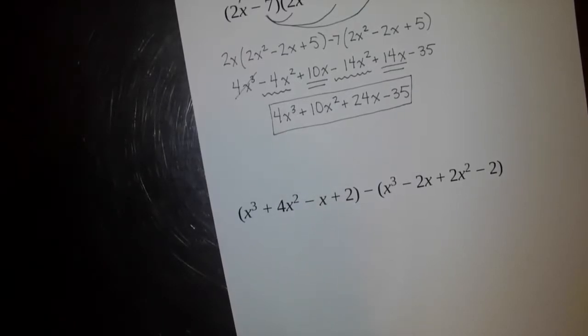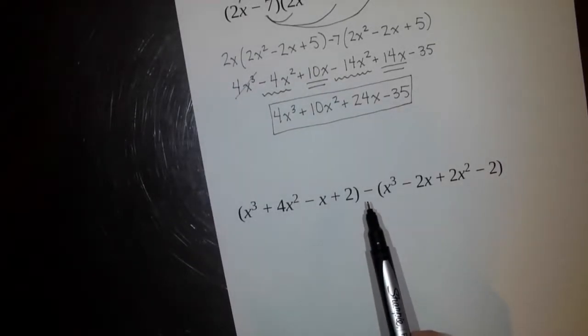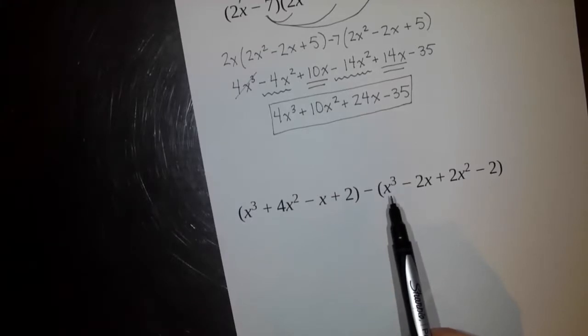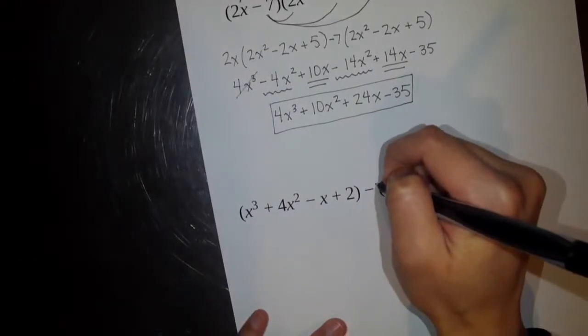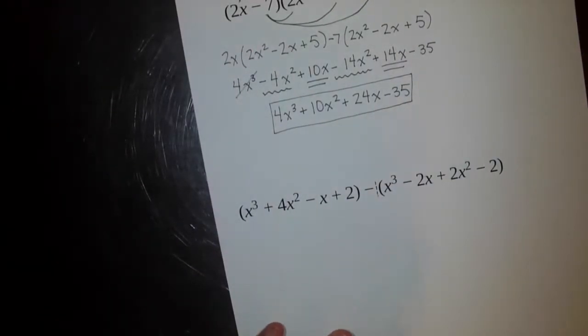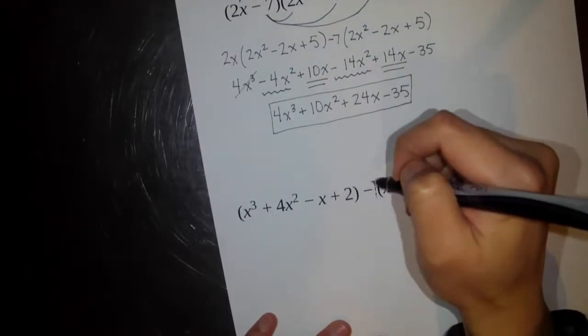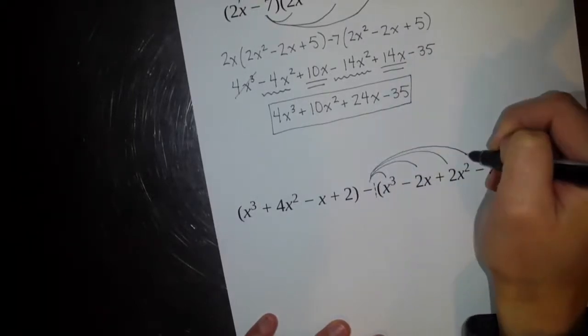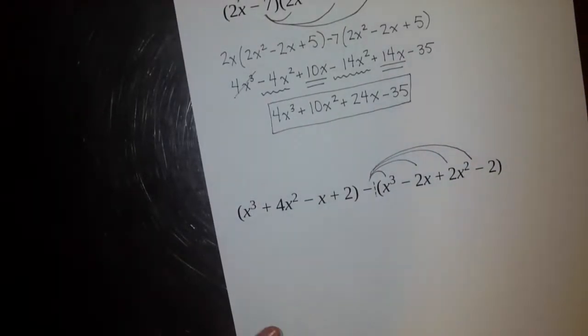Okay, the next one, combining like terms again. So I know that this is subtraction, and we're not multiplying really anything because I have a minus sign between the parentheses. So a minus sign between the parentheses means we're not multiplying, but there is this kind of invisible -1 in front of the parentheses that I'm going to distribute into just the right side.